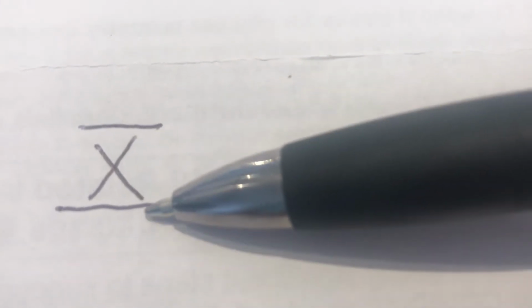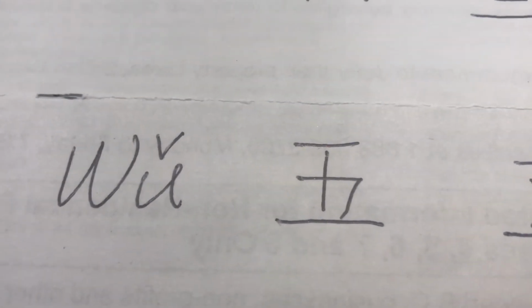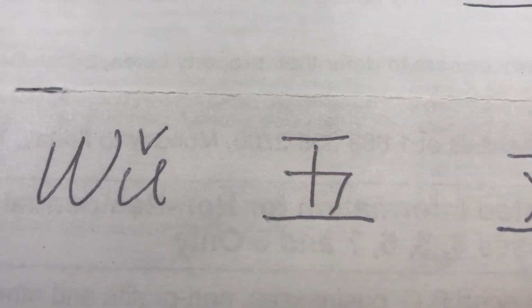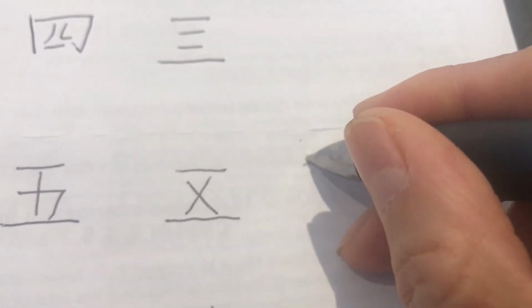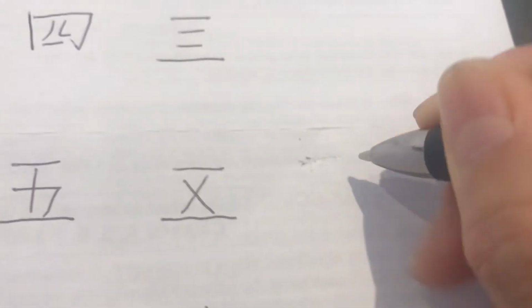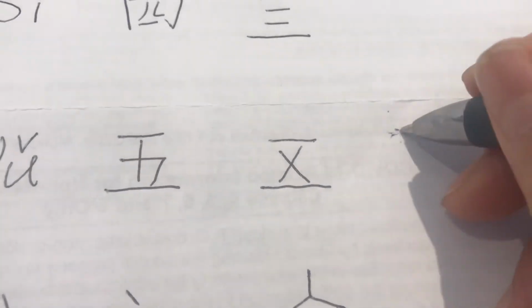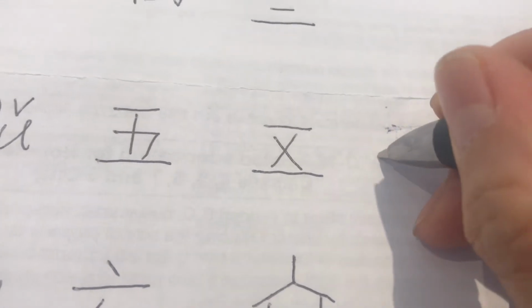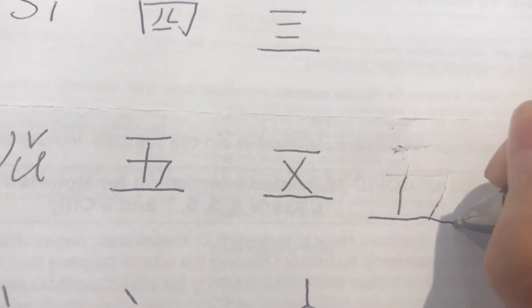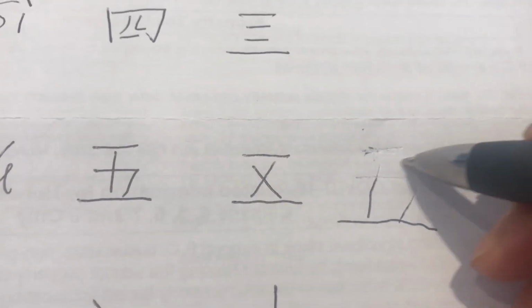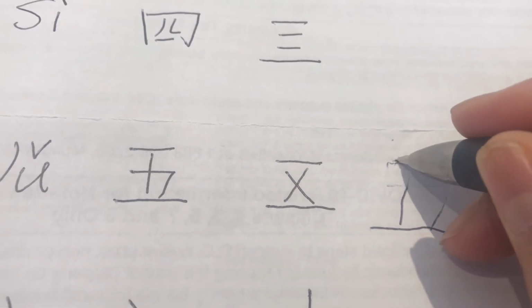So 2 plus 3 is 5. So when you write this character, the stroke order goes like this. Okay, so the top line goes first.